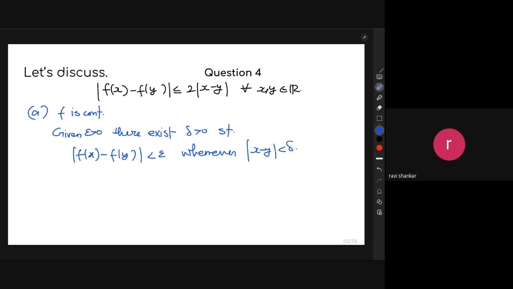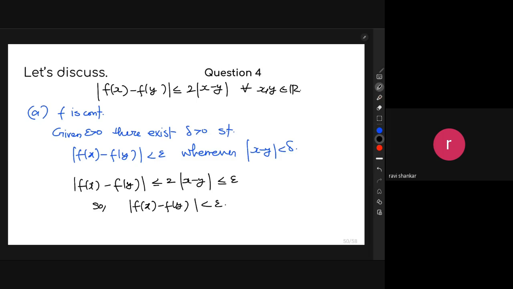So how do we do that? Let us start with this inequality, which is 2 times |x - y|. We want this to be smaller than epsilon so that |f(x) - f(y)| can be smaller than epsilon.